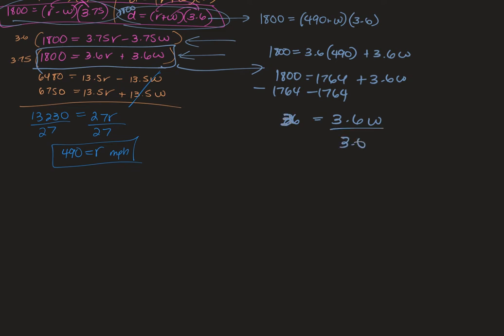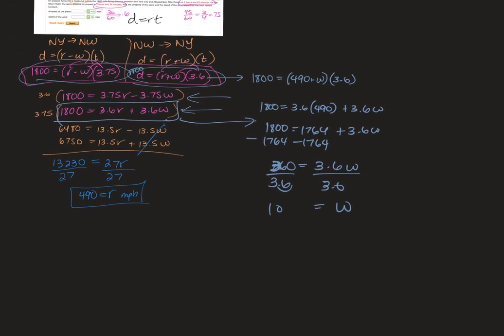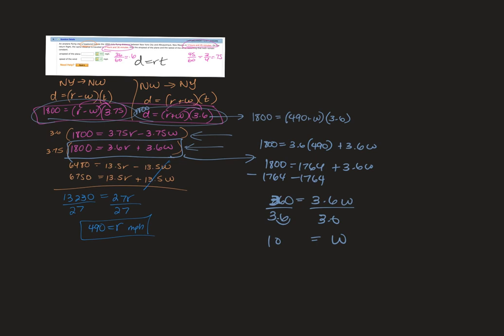Divide by 3.6. Decimal, decimal. Oh, 36. Yeah. And that's your wind speed.